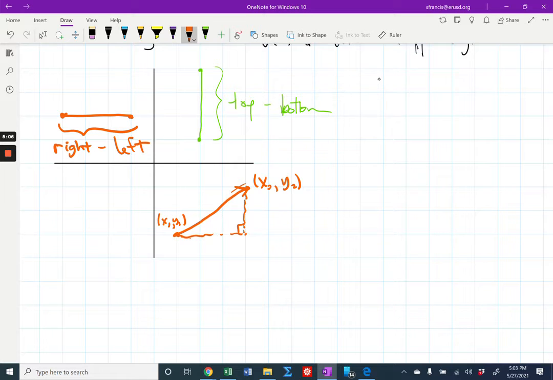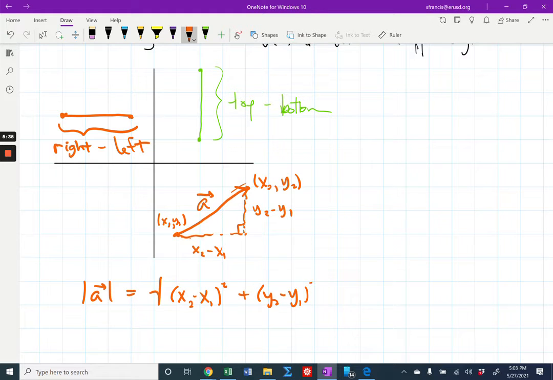So this one here would be x2 minus x1, and then this one here would be y2 minus y1. And so the length of this, which I'm going to call A, and this is now a vector, so I'm going to put a little vector bar on here. The magnitude of A is going to be the square root of (x sub 2 minus x sub 1) squared plus (y sub 2 minus y sub 1) quantity squared.